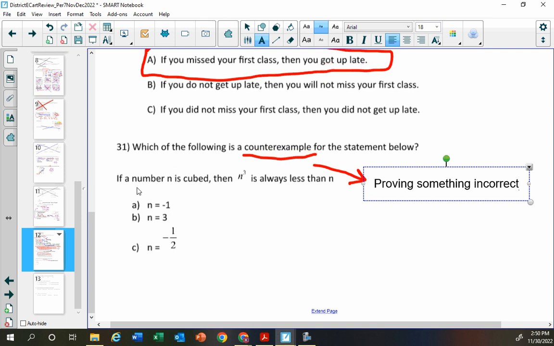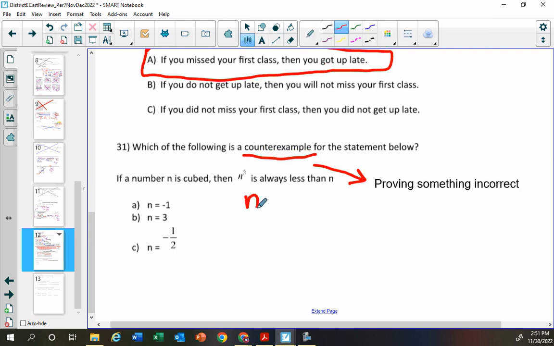Here, they're saying n to the third power is always less than n. So they're saying n is always going to be greater than n to the third.